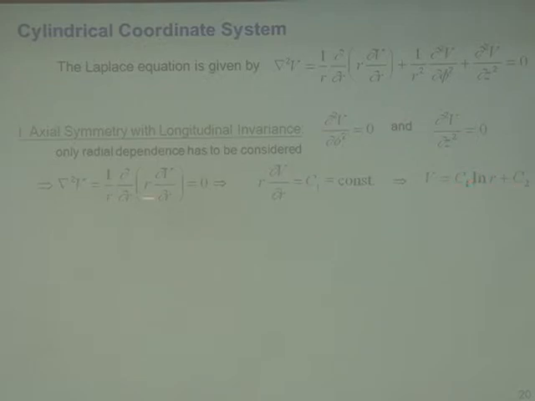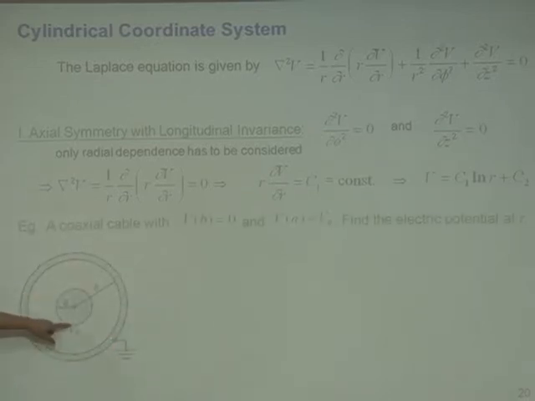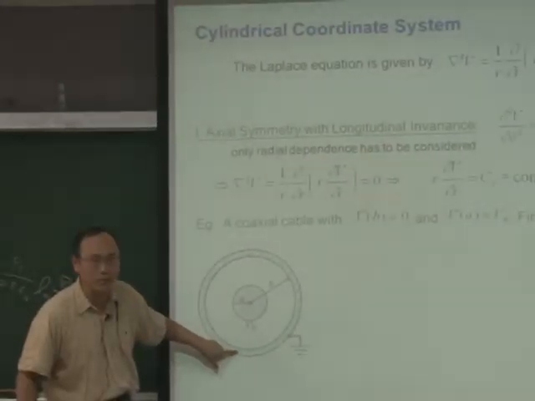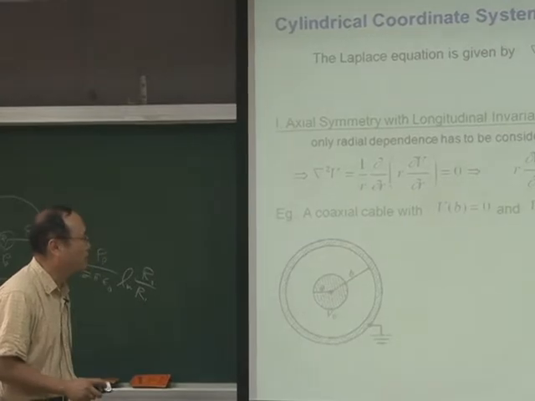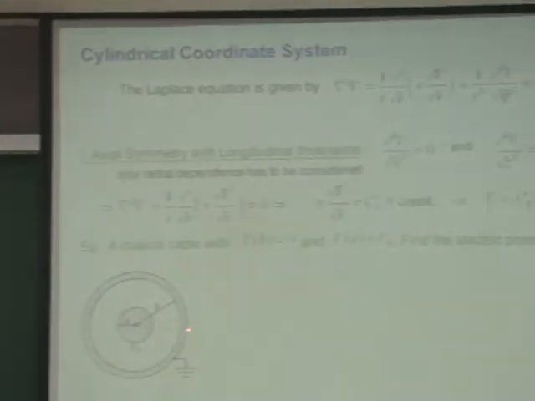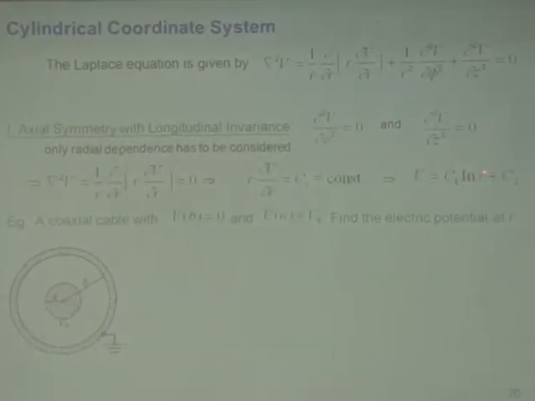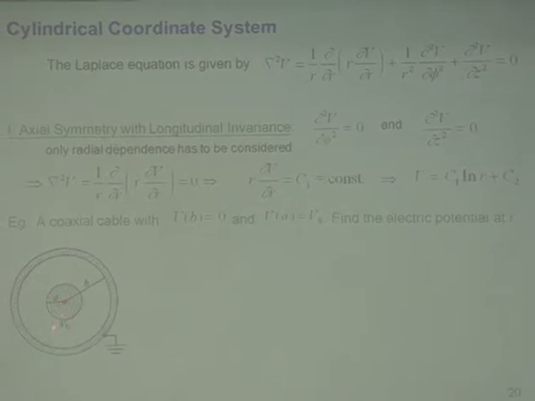Well, now that we start the solution from the Laplace equation, we have to find the boundary conditions. So suppose that you have a voltage V naught at the center, and then you have zero potential outside. OK, so you have a general solution here, and then you put the boundaries in. For r equal to a, you have V naught.